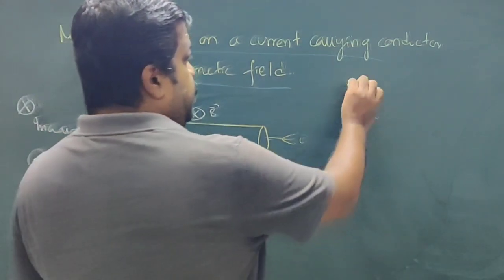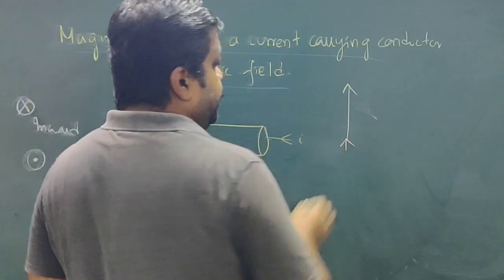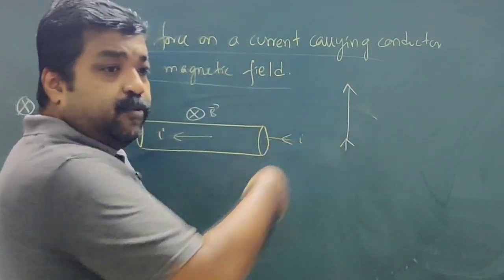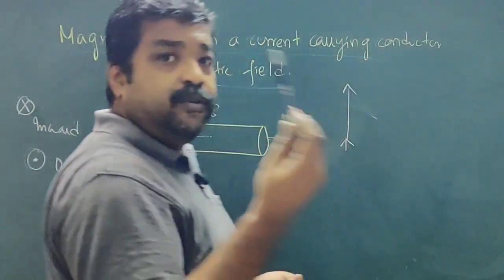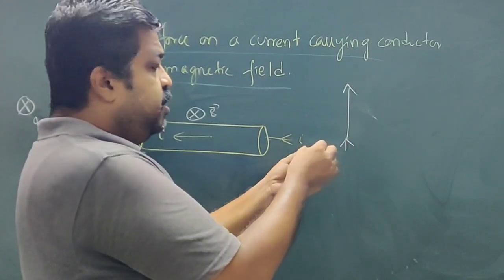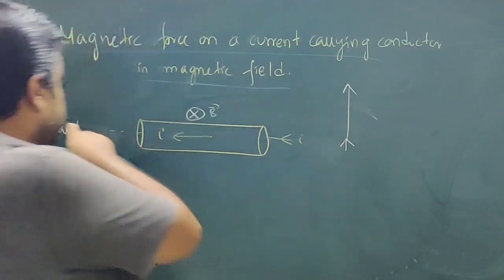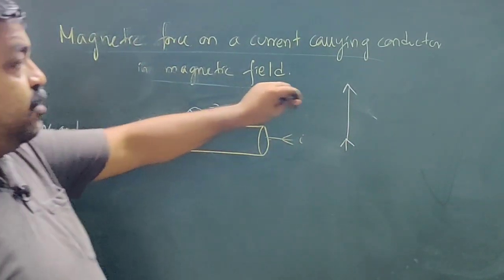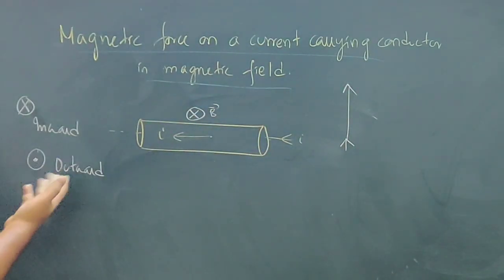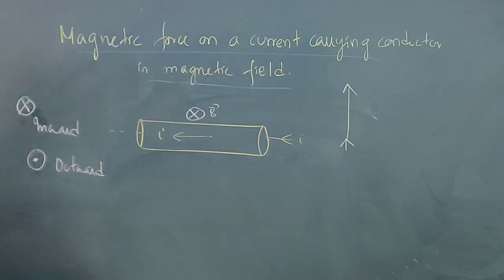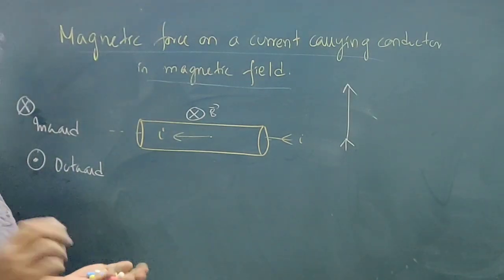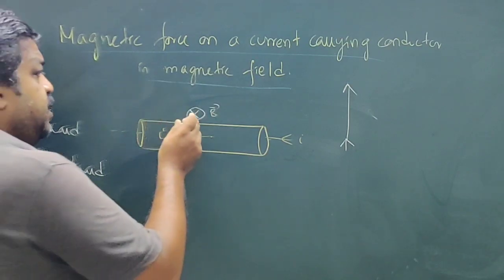Because if we draw an arrow and the arrow is going away from you, going inward, you will see the cross. If the arrow is coming outward, you will see the dot. Outward means dot, inward means cross. That is a standard notation we are going to use. Now the magnetic field is directed inward.